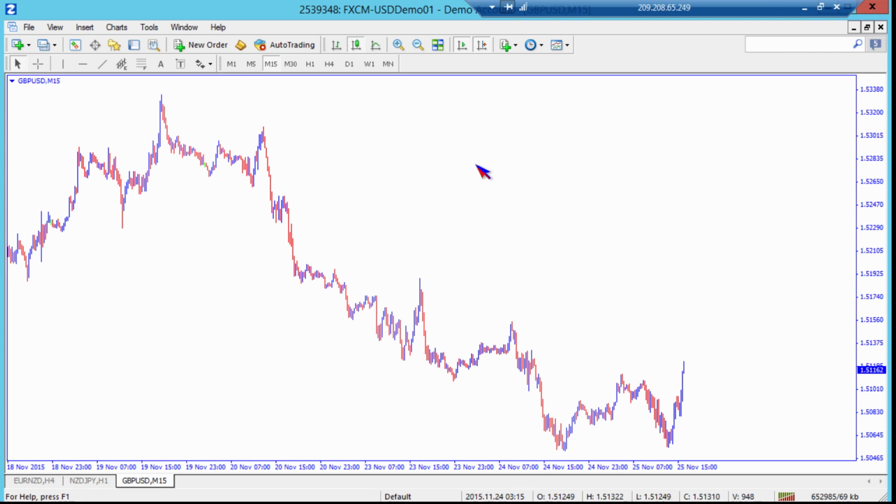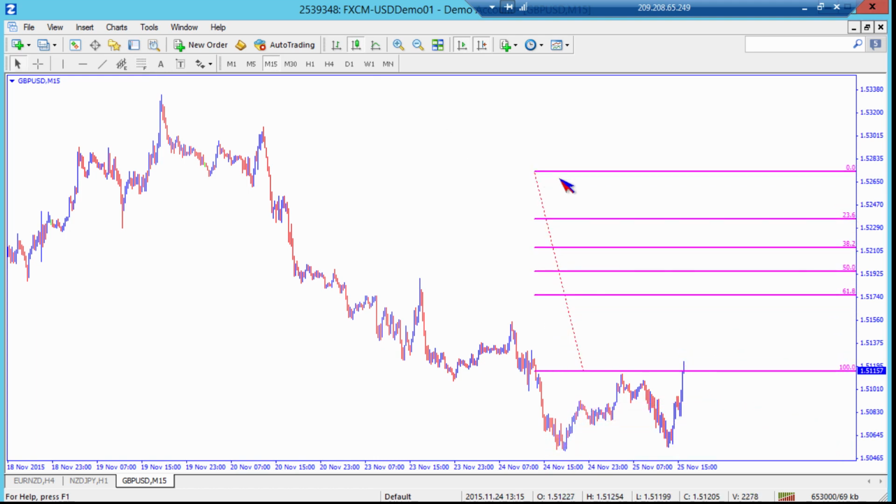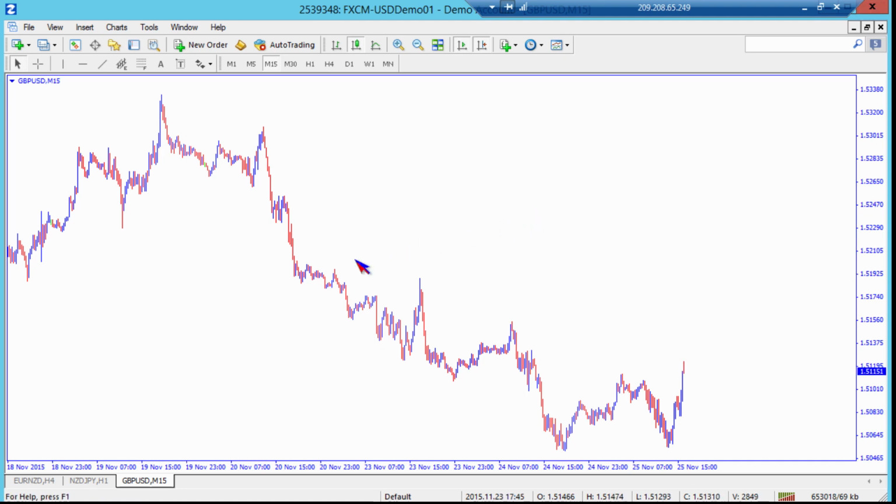All right. Now, when we look at Fibonacci, the standard Fibonacci retracement levels are, and we're going to get rid of them, we'll add them later, but I'll show you what it is.